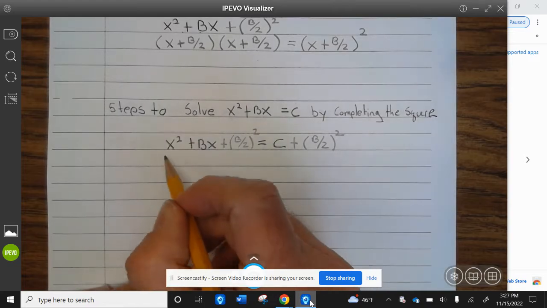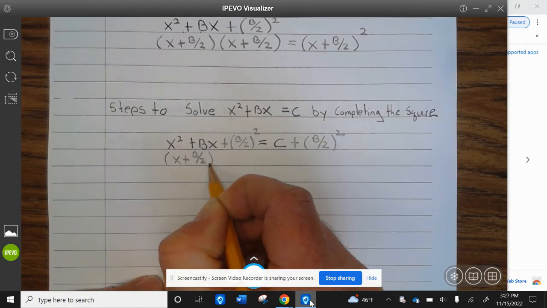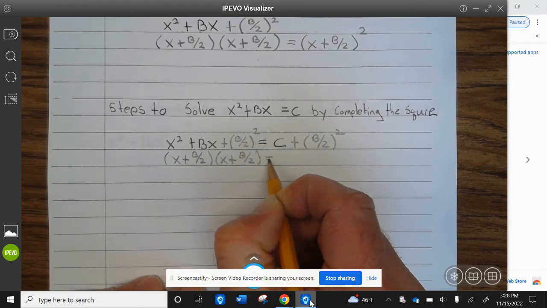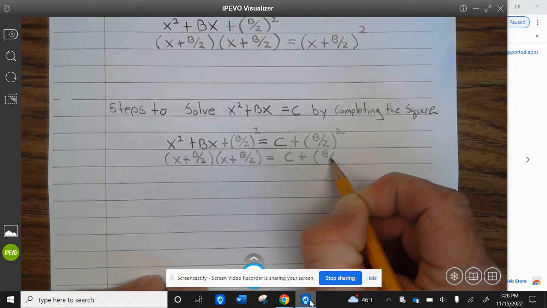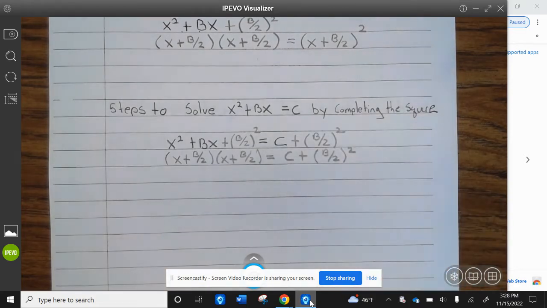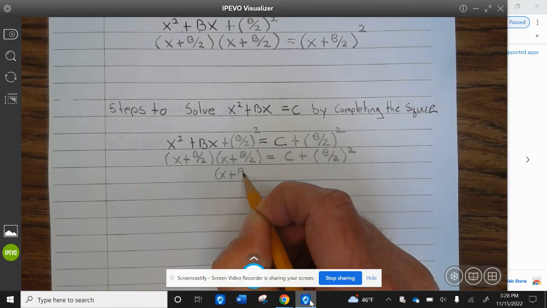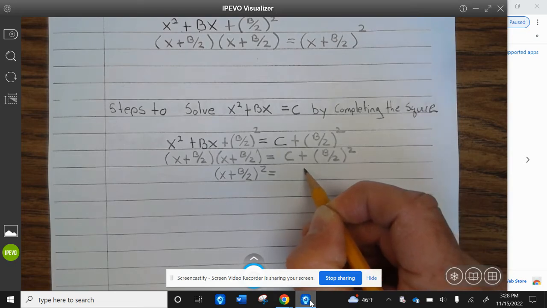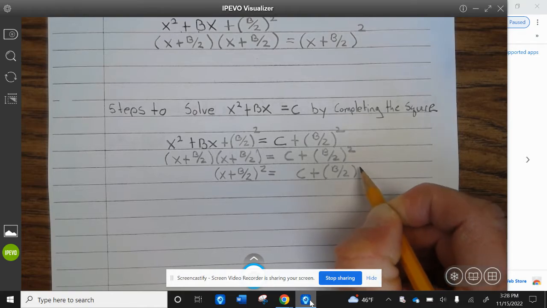Now, this factors to be x plus b divided by 2 times x plus b divided by 2, which equals c plus b divided by 2 squared. Now, this can be written as x plus b divided by 2 squared equals c plus b divided by 2 squared.